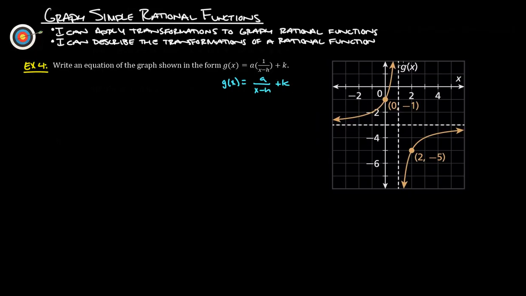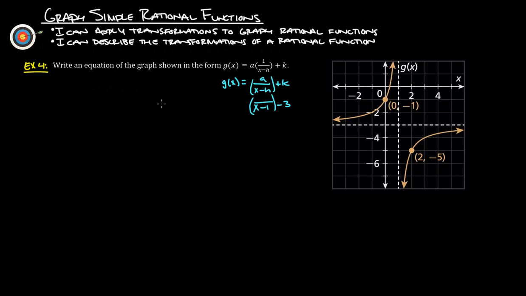So if you'll remember, this horizontal asymptote is always going to be what our k is, if you'll remember from the page before, the example we just did. So negative 3 is going to be what our k is, right? That's our horizontal asymptote. The vertical asymptote is what's going to make the denominator equal to 0, because that's what x can never be. x can never be 1, so that means x minus 1 is going to have to be our denominator.